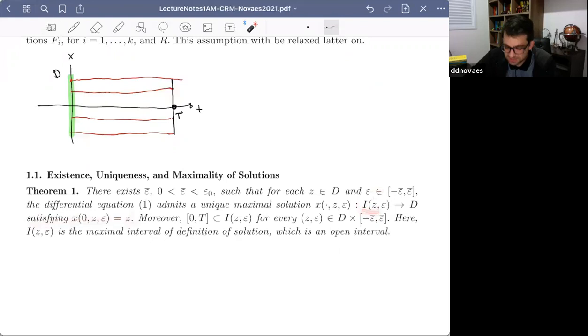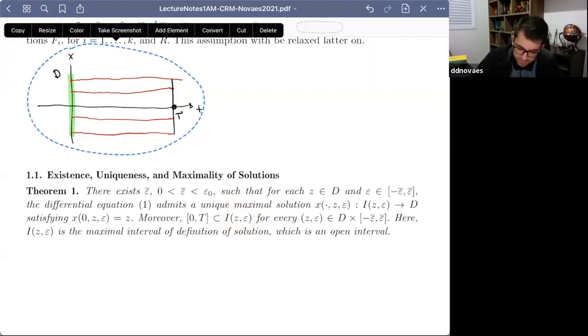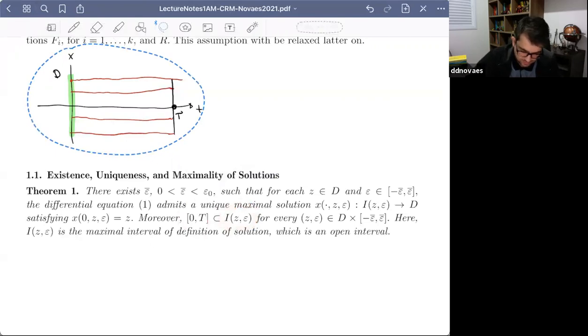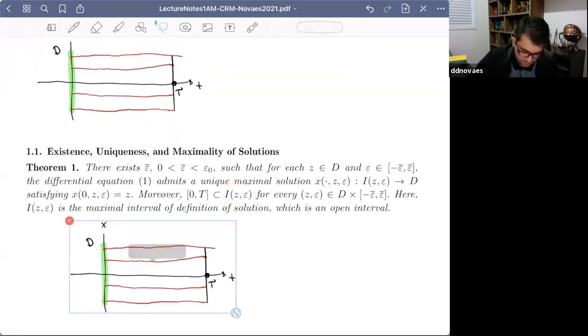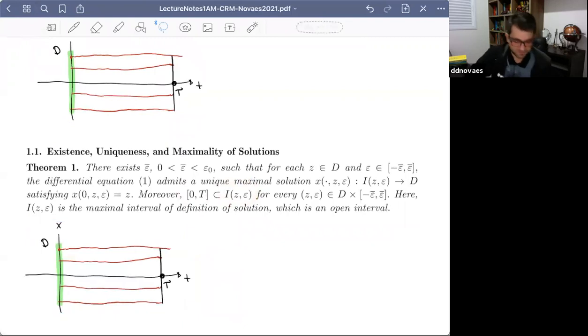This interval, I_z(epsilon), denotes the maximal interval of definition of the solution. It's always an open set. In addition, this epsilon bar can be taken sufficiently small in order that the closed set [0,T] is contained in this open maximal interval of definition. Let me just copy this graph.